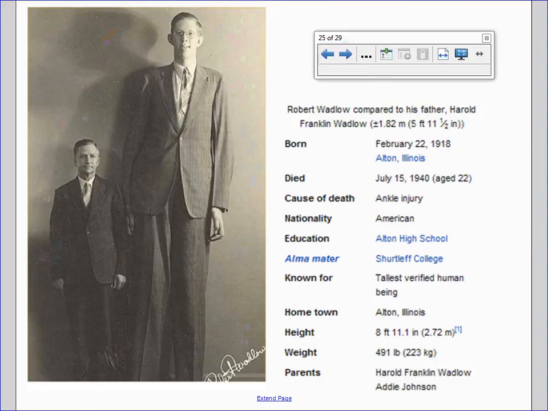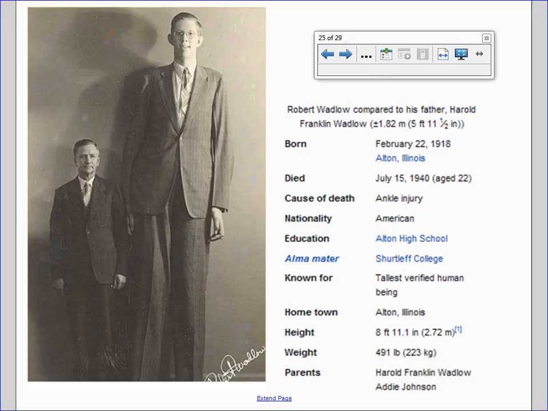Robert Wadlow is the tallest medically substantiated human being recorded in history. His father is 5 foot 11 and a half inches, so it's basically 6 foot. His father's not on the right, his father's on the left. Robert Wadlow only lived to be age 22, and at his time of death was measured to be 8 feet 11.1 inches tall.